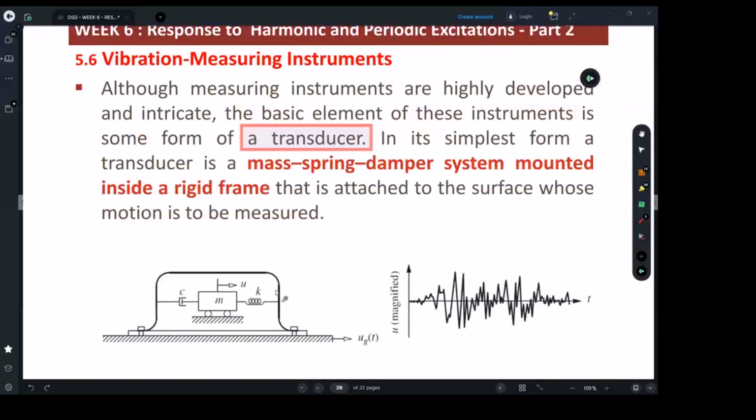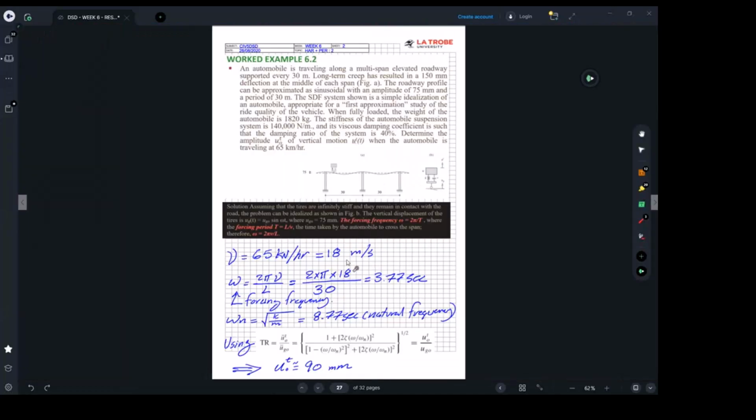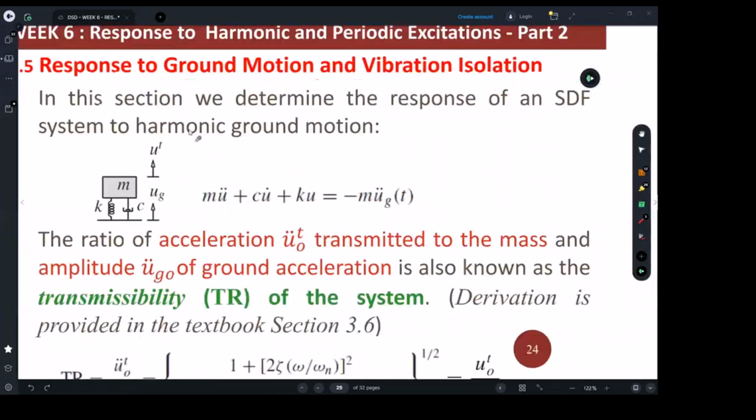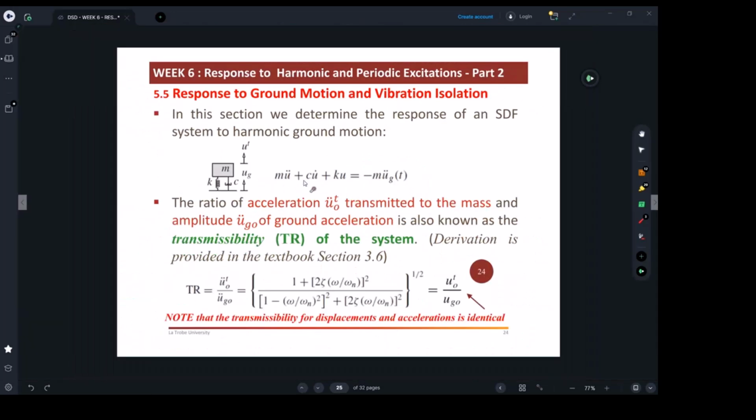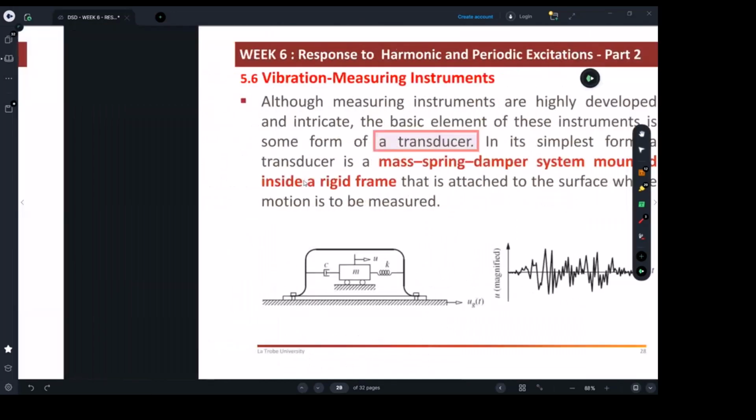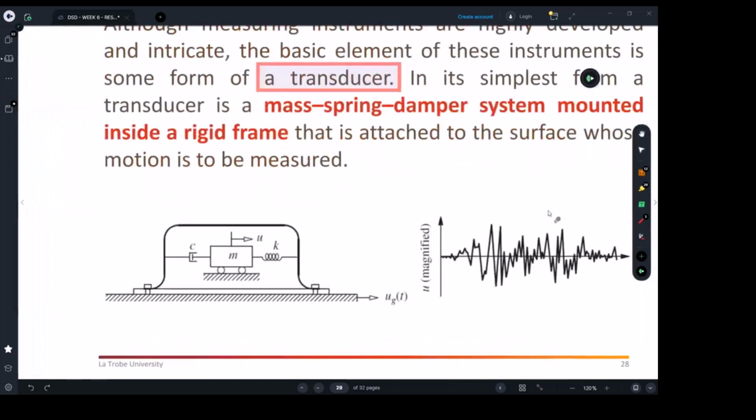So there's not a big difference between what you are seeing here and what I was briefing you about here. Same thing: we have a mass, we have a damping device, and we have a stiffness, and there is excitation.